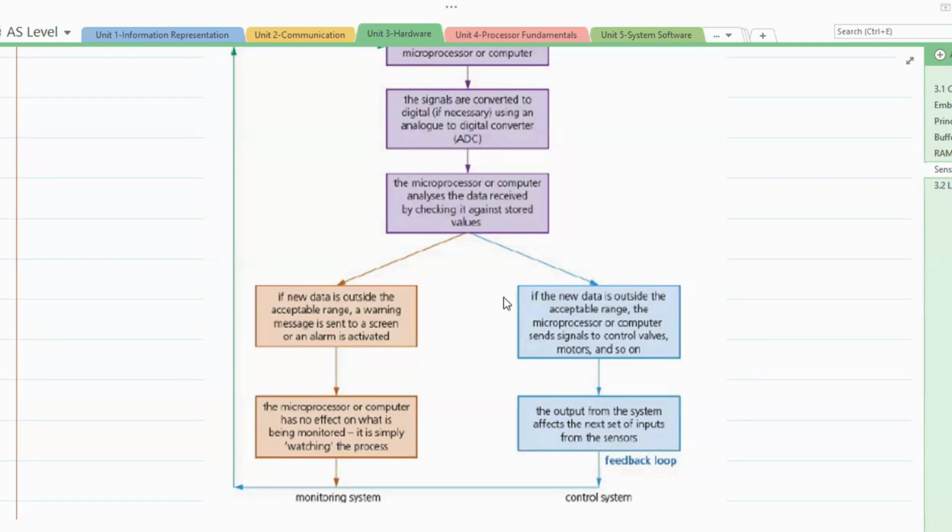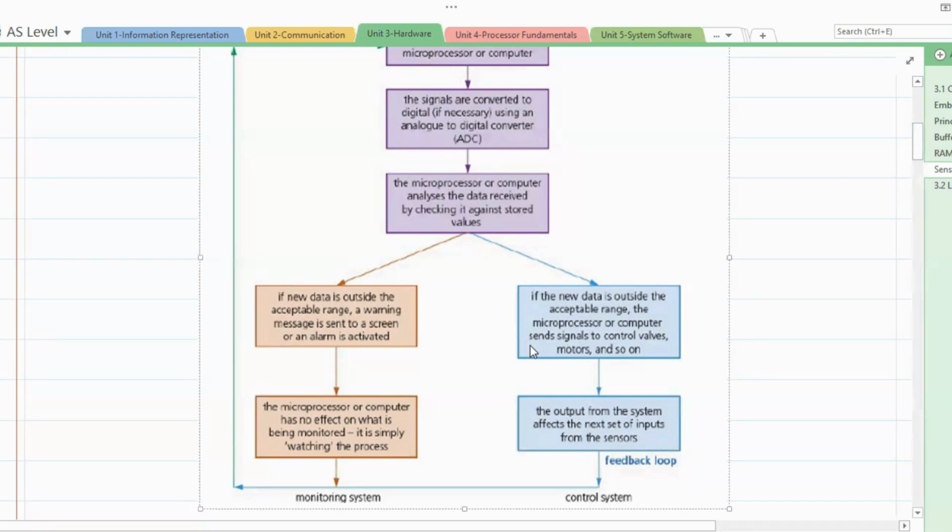However, in case it is a control system, then if the new data is outside the acceptable range, the microprocessor or computer sends signals to control valves, motors, and so on. And here comes the task of the actuator. We will cover in detail what actuators are in this video. However, as of now, actuators take some action.